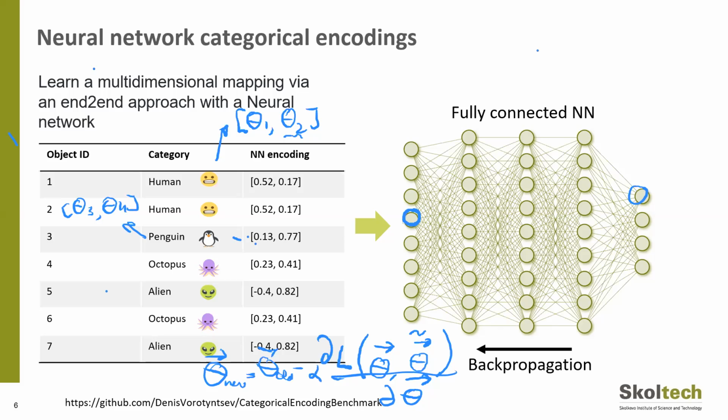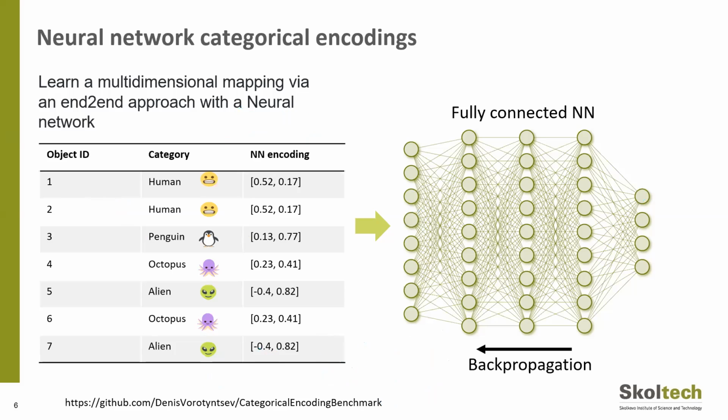You can imagine that it's similar to what we're doing with fully connected neural networks. You can treat the embeddings as additional parameters you train during the usual routine for training of any neural network. I hope it's clear now.